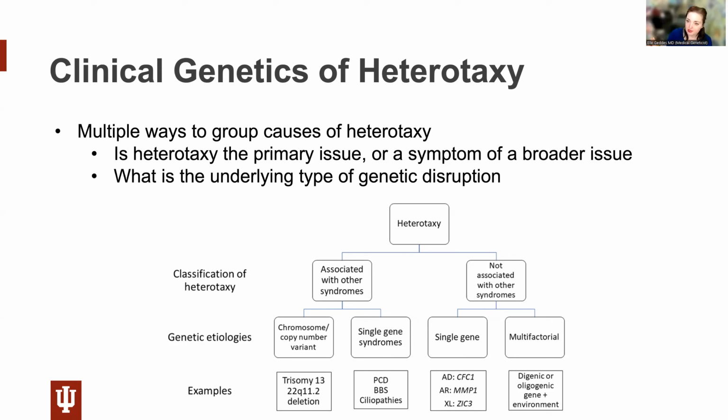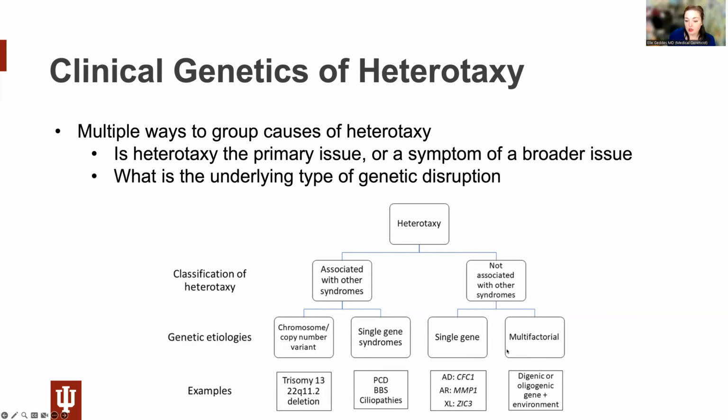And generally ciliopathies overall, or it can be not associated or part of another syndrome. Heterotaxy can be the main focus, in which case we can have single gene etiologies or single book, and those can be lots of different inheritance patterns where of the two copies, you might only need one disrupted, you might need both disrupted. It might be linked to if you're a boy or a girl, and all sorts of things.